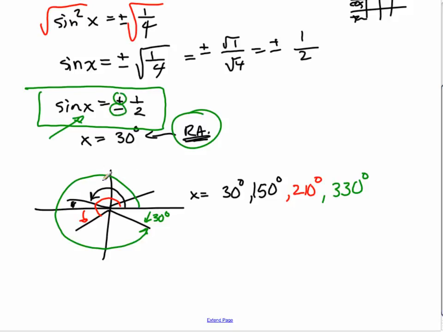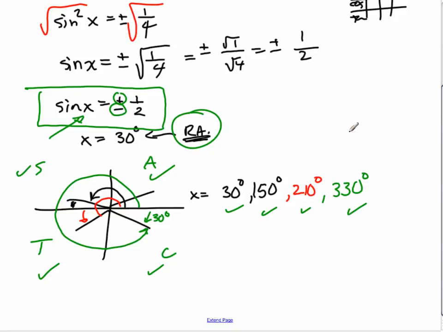So sine is positive up here. Remember your CAST rule, C-A-S-T. Sine's positive here. They're all positive there. So sine's positive up top, but negative works too. So on the bottom where sine is negative, those angles work as well. So all 4 of these angles would be your answer to that question.